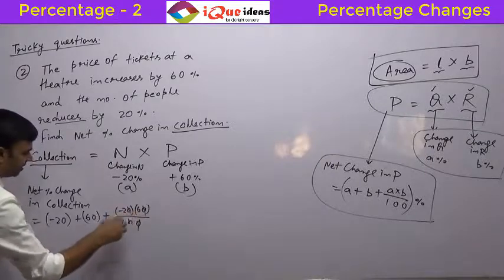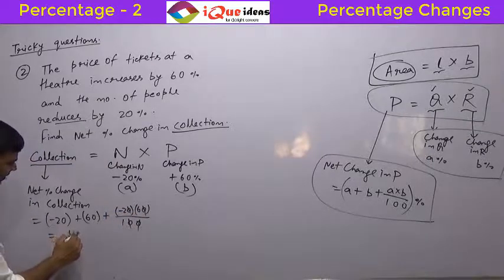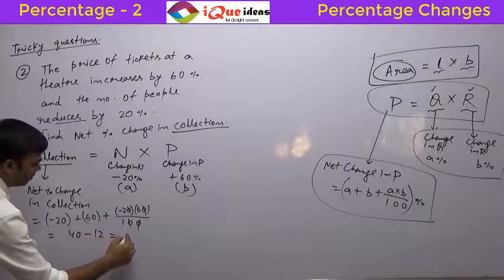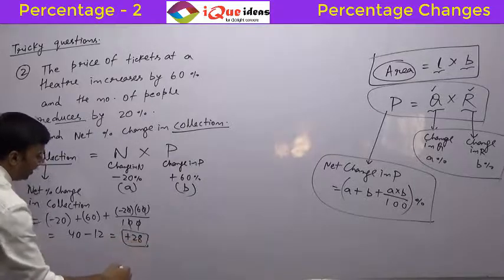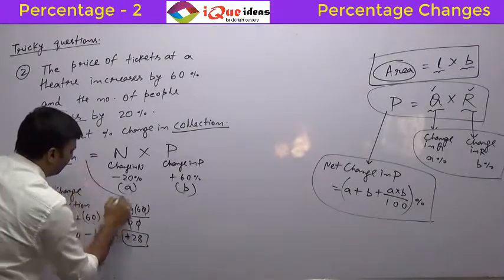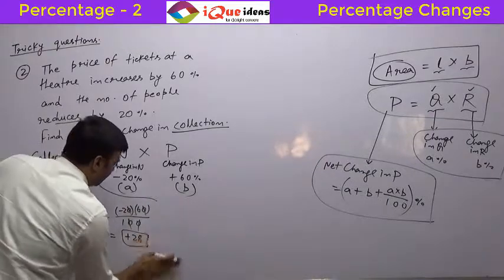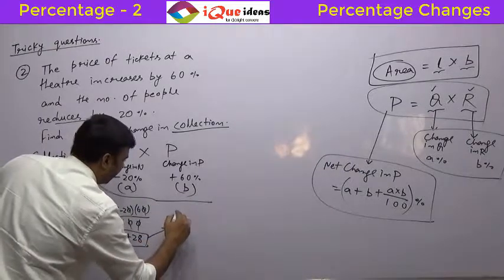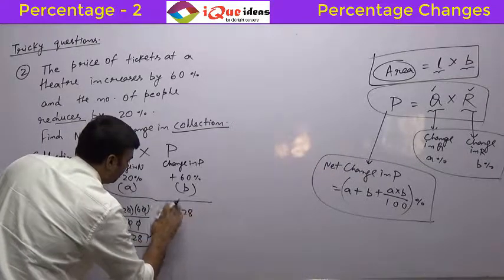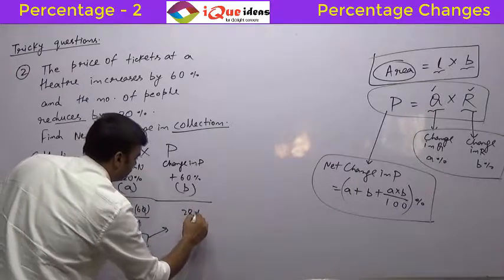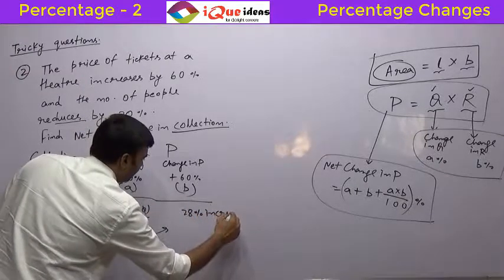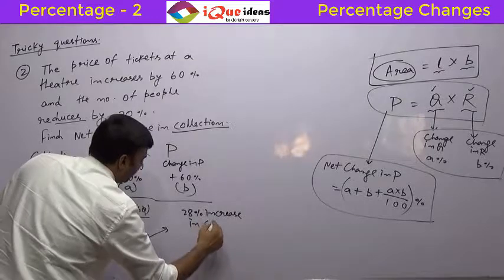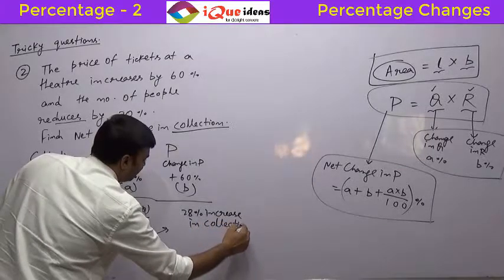The zeros cancel, so this becomes 40 minus 12, that is plus 28. So that means the collection increases by 28%. 28% increase in collection.